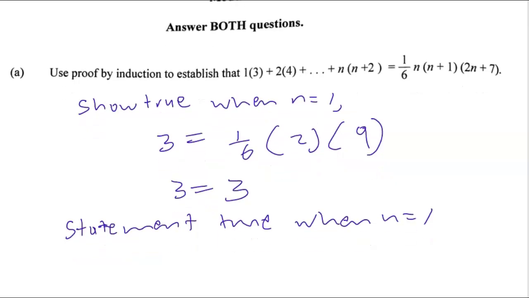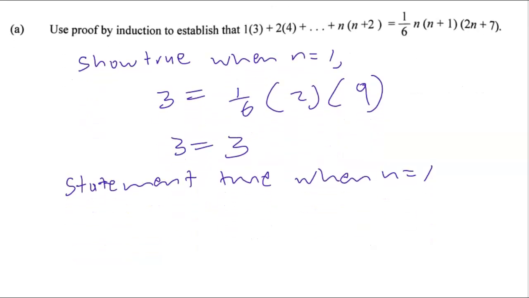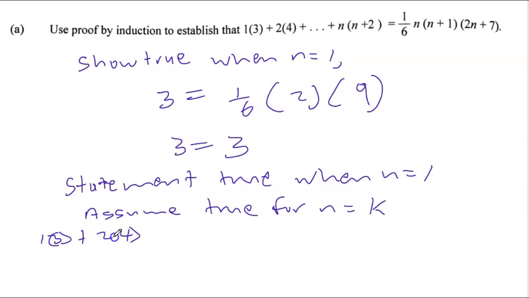The second step in this process is to assume it's true for n equal to k. So we're going to replace n with k everywhere. So on the left hand side we have 1 times 3, which is 3, plus 2 times 4. So the second term there is 8, plus, and then we replace n with k.